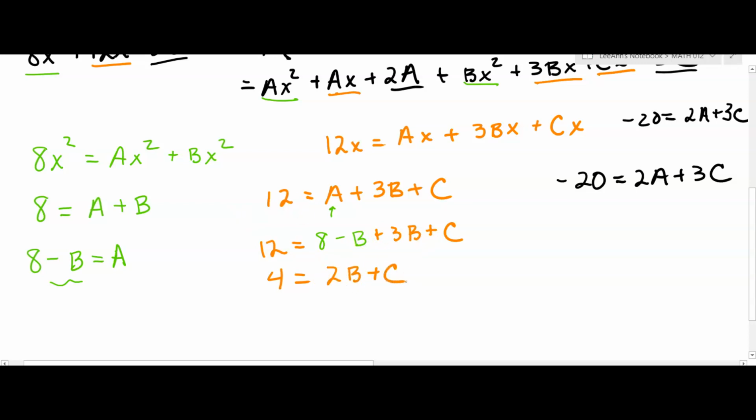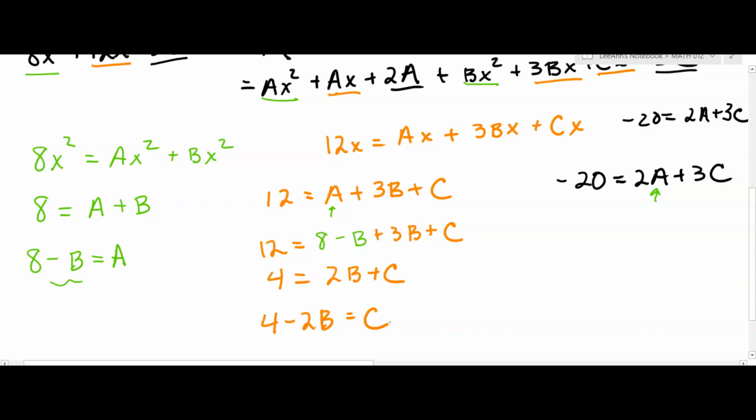So now I have 2b plus c. Well, I can substitute for a with the green equation, and I can substitute for c if I make this 4 minus 2b equals c.